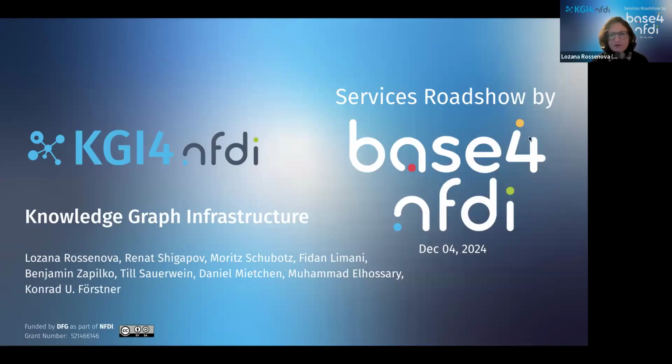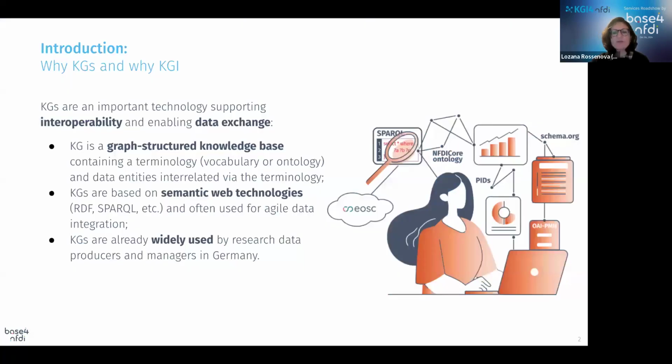So I will dive straight in with our introduction to what knowledge graphs are and why they are important. Knowledge graphs are an important technology supporting interoperability and enabling data exchange. Essentially, a knowledge graph is a graph-structured knowledge base, or a particularly structured database, that has to contain a terminology as well as data entities that are interlinked via this terminology.